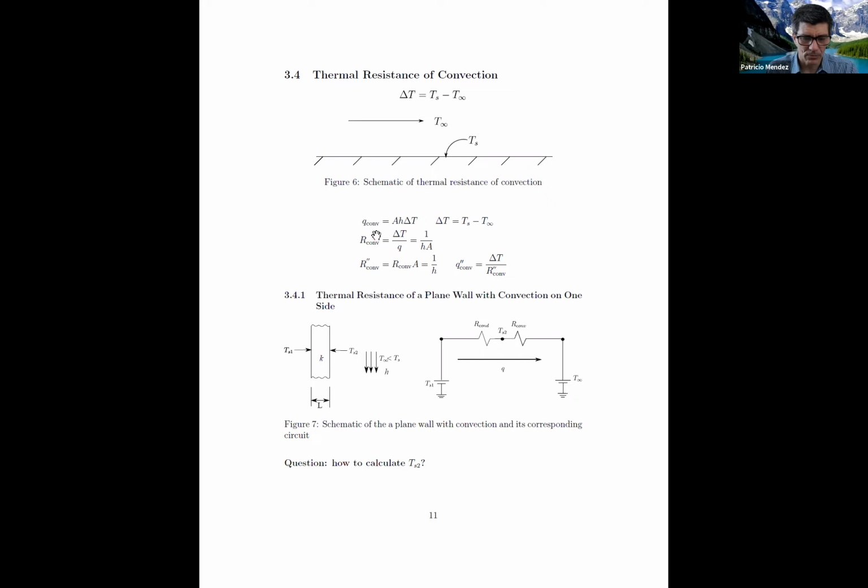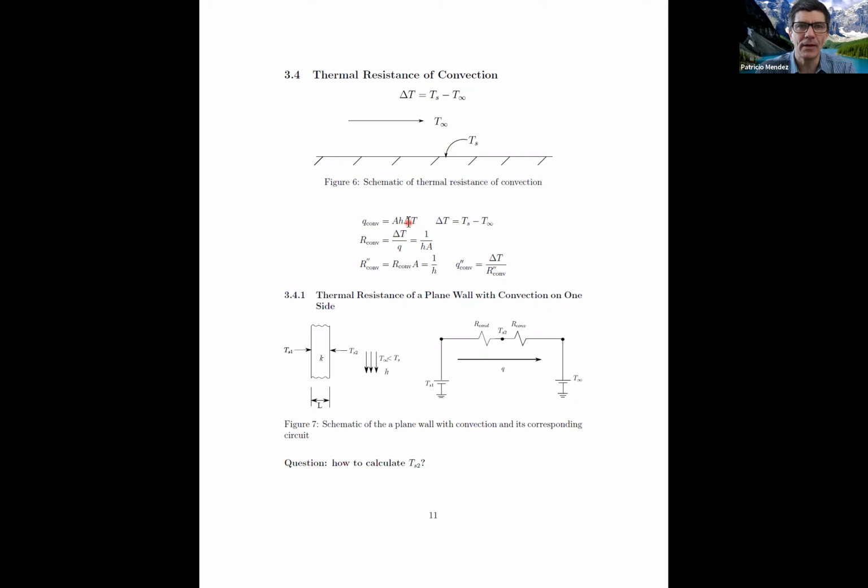So let's look at it. If we look at the heat exchanged by convection, we have this equation here, in which the heat by convection is surface area times convection coefficient h times delta T, the surface temperature minus the temperature of the fluid far away. Again, we have a proportionality between the heat rate and the temperature difference.